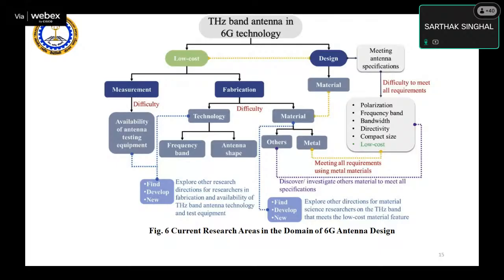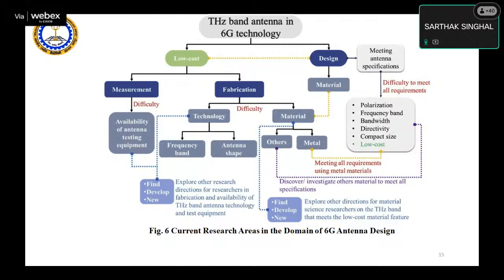Some of the materials which are considered suitable for terahertz applications are graphene, vanadium dioxide, and gallium arsenide, because they are frequency dependent materials, and their losses are less at higher frequencies and nearly constant.